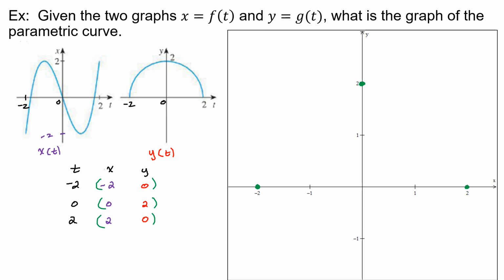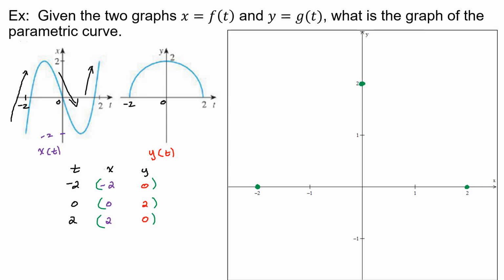Now you might say, well, that could be a parabola or a semicircle or lots of different things. So this is where you really have to pay attention to how your slope's changing. Your x's, starting at -2, have to go up, then back down, and back up.